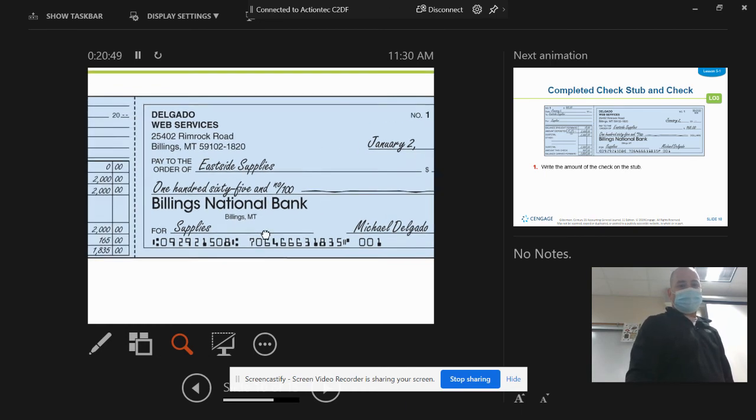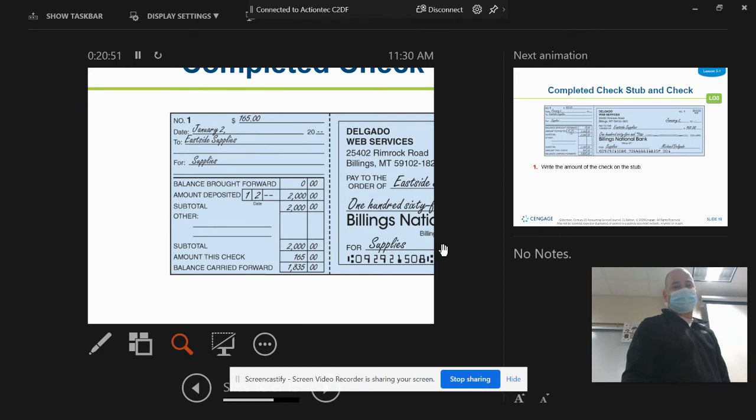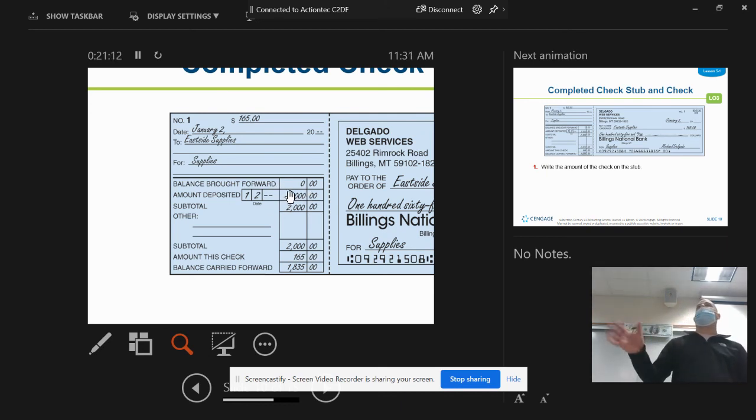Then we want to record this on our check stub. On our check stub, I write the amount of the check, the date, to whom it's sent, for what, and the balance brought forward. We already did this on the last slide, the $2,000, so that was already filled out. If I didn't have a deposit, I wouldn't have to put anything there.